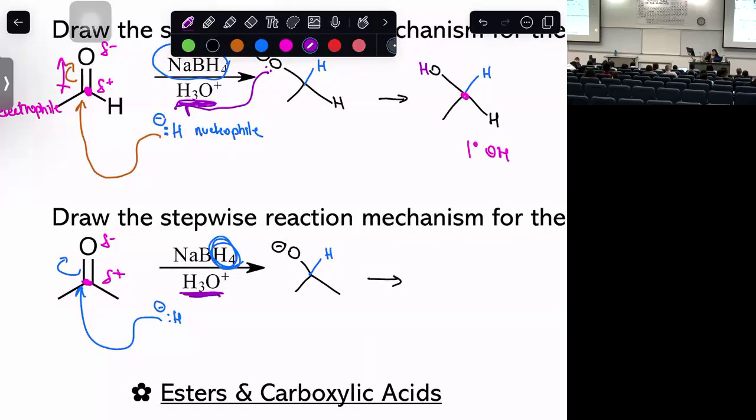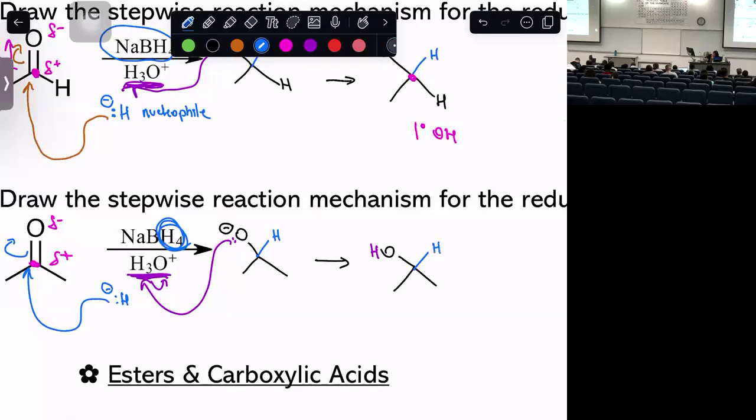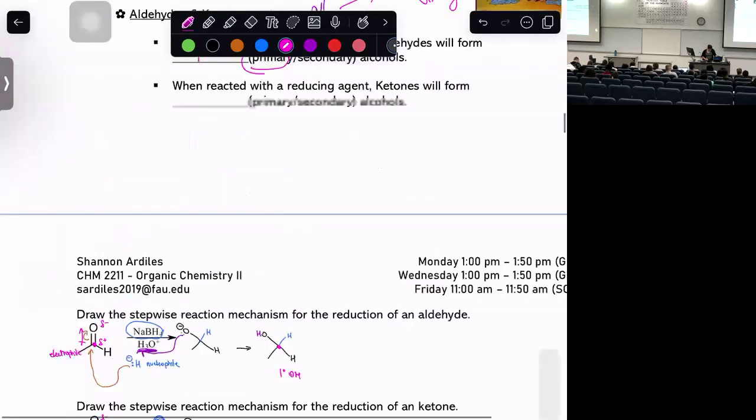Now, same as before, with the solvent, I'm gonna do my acid-base reaction. So I end up with this guy in here. This time it's a secondary alcohol. Exactly. So now we go back to our little chart.